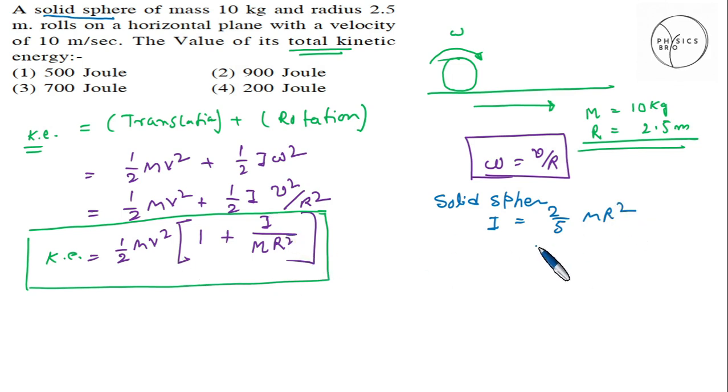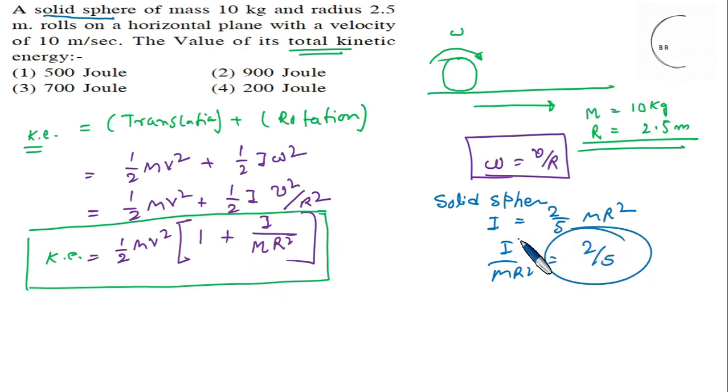So I by m r square gives you just 2 by 5. Oh, that's an easy one. You don't have to calculate all the values. If you calculate I and m r square and put all the values given here and do some mathematics, you will get this one. So you don't need to calculate all the things.